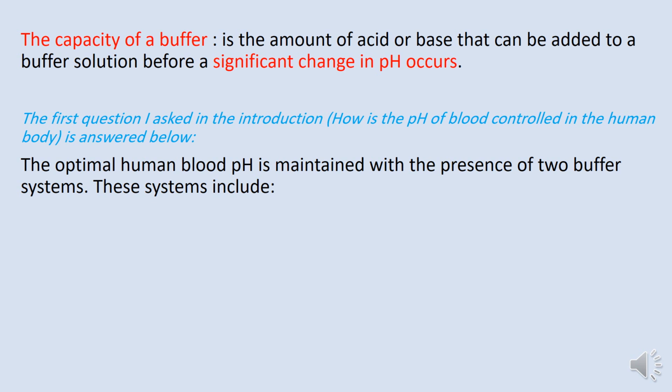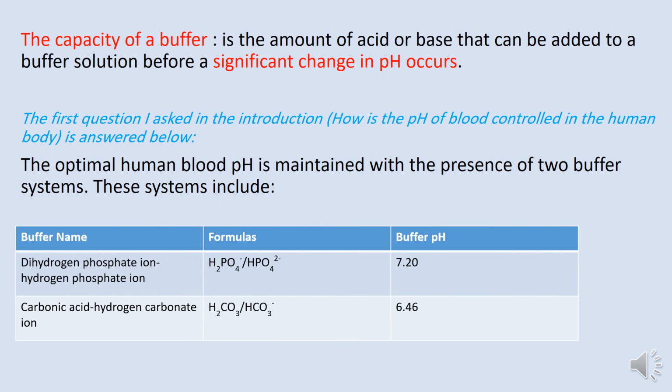The optimal human blood pH is maintained with the presence of two buffer systems. These systems include the dihydrogen phosphate ion and hydrogen phosphate ion. The formulas can be written as H2PO4-, the acid, and its conjugate base HPO4 2-.